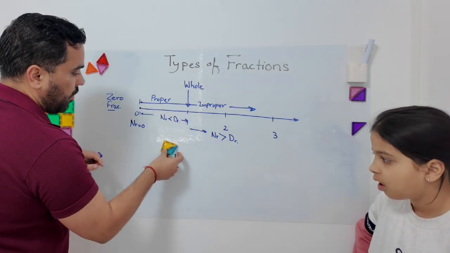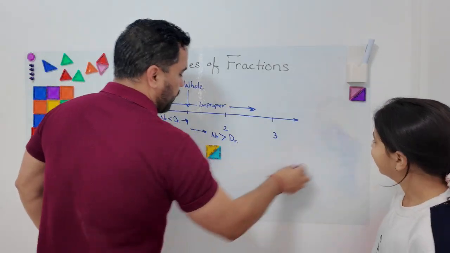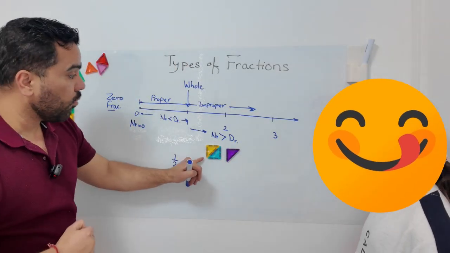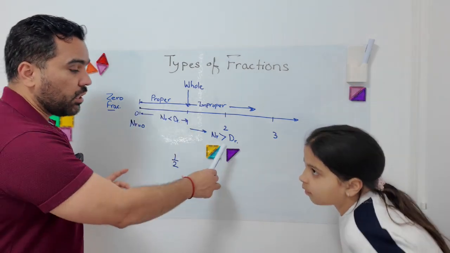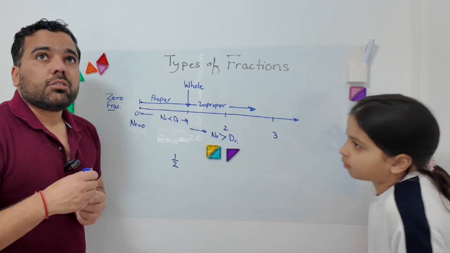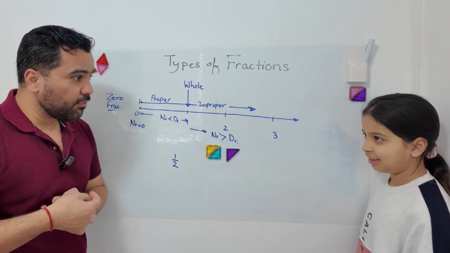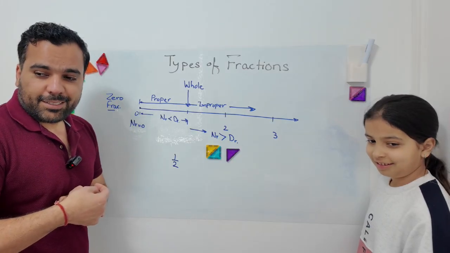If I'm being very generous, and I give you this much chocolate to eat, I gave you 1.5. So you got more than 1. Whole was 1, so you get more than 1. Say you and Agasti go on a picnic, and you have 2 packets of, which one is your favorite? Lint.